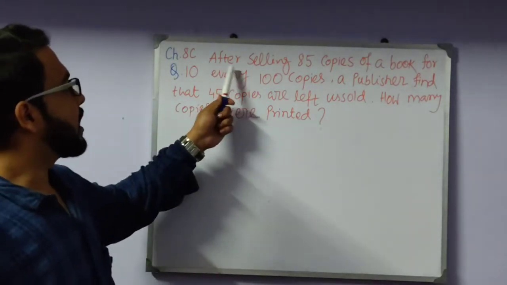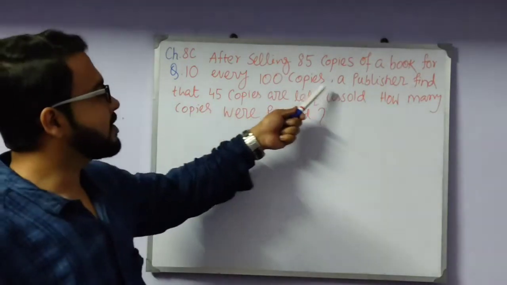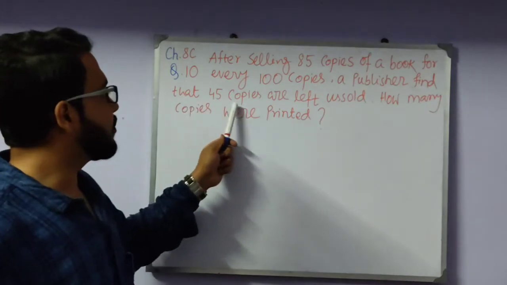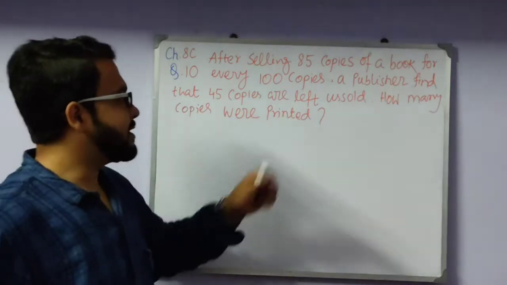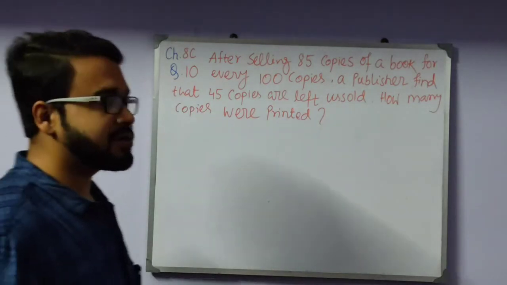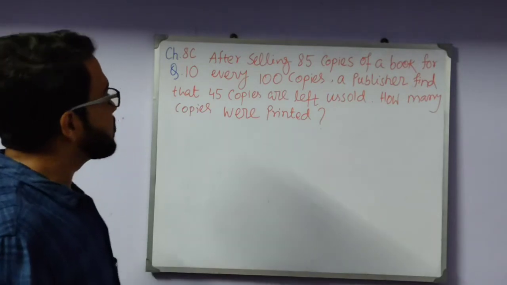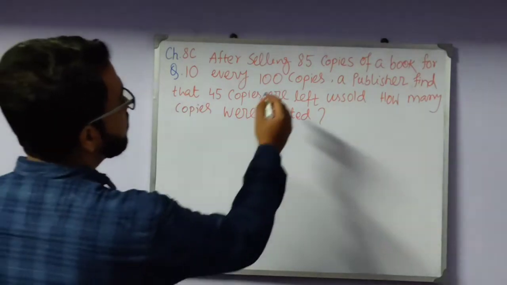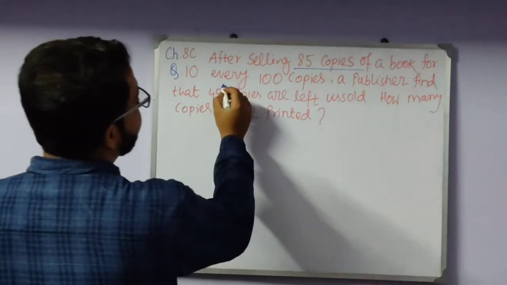So after selling 85 copies of a book, for every 100 copies a publisher finds that 45 copies are left unsold. How many copies were printed? By ratio and proportion method we are able to find this. So 85 copies of the book sold for every 100 copies.